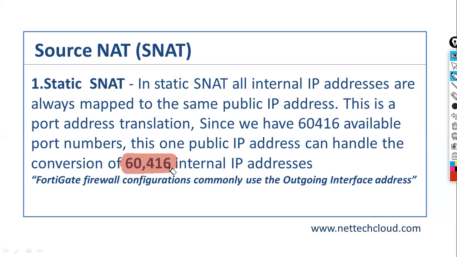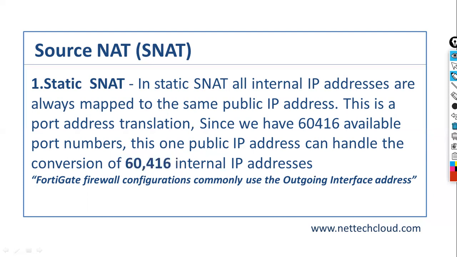So if we want more than that, let's say somewhere around 90,000 or 95,000 concurrent translations, we cannot use many to one translation. Then we use many to many translation, meaning internal IPs are mapped with a pool of external IPs or NAT IPs, maybe 2, 4, or 6 IPs.